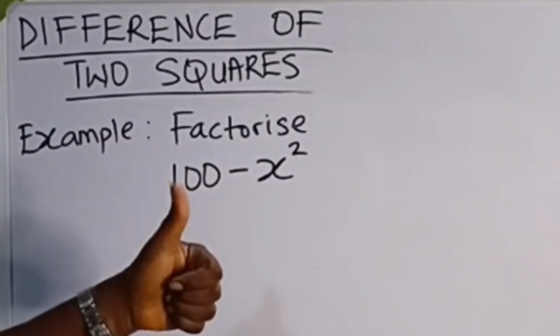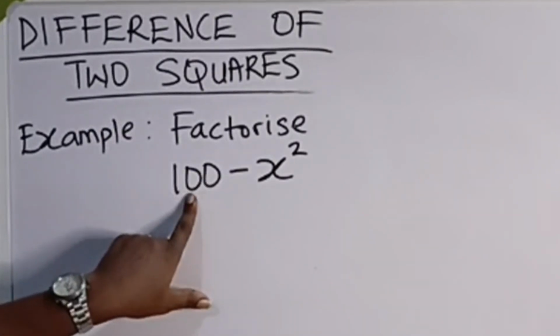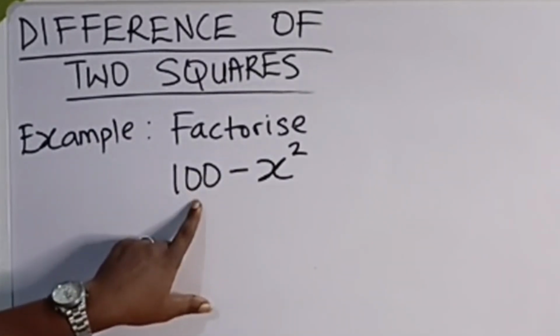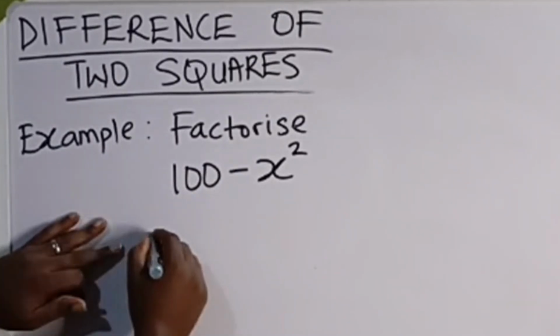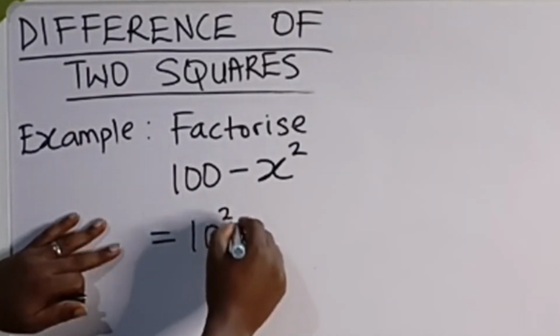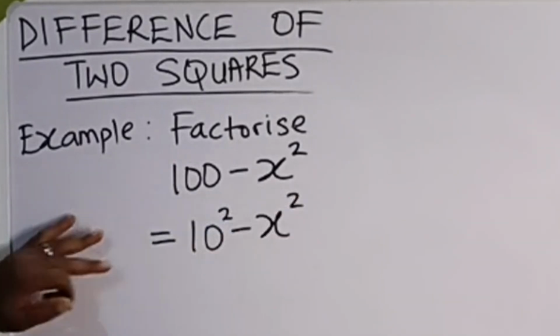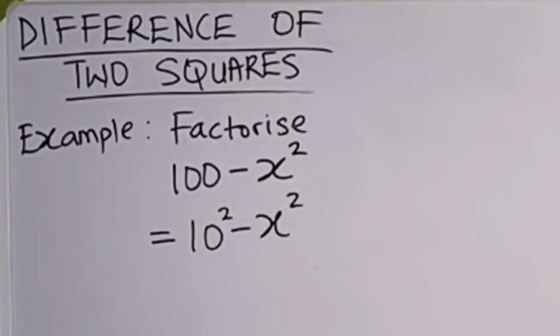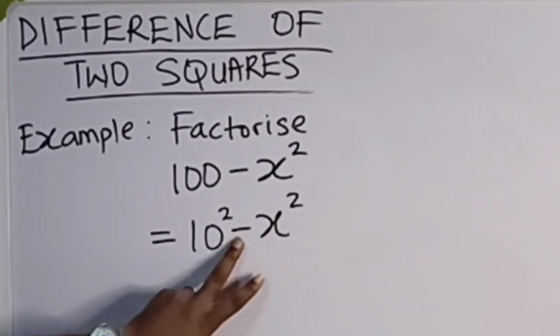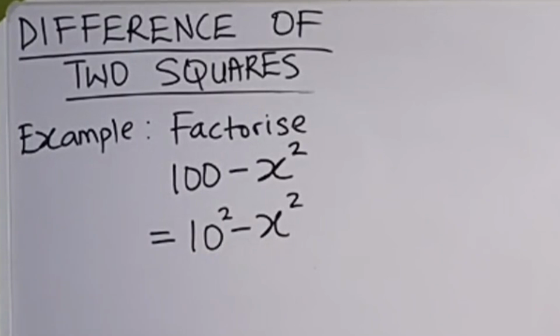So that's the first step. Here we have a number, but is this number a perfect square? Yes. 100 is a perfect square because 100 can be converted to 10 squared. So this can give us 10 squared minus x squared. So with this, we have the difference of squares. A squared value is subtracting a squared value. So we open two parentheses.